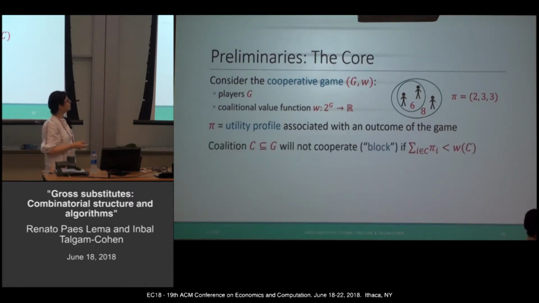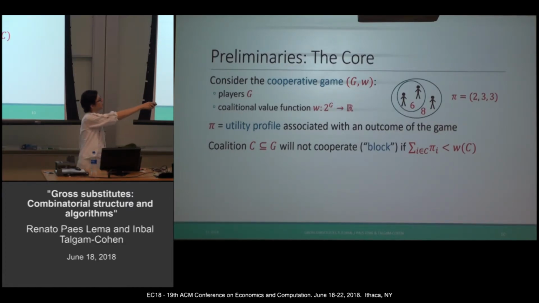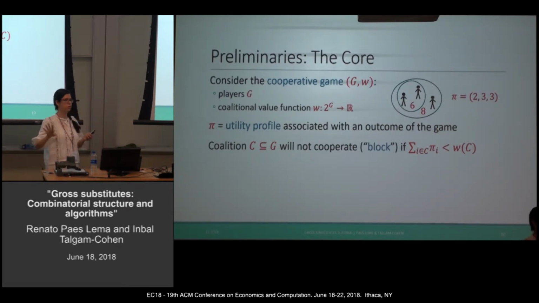Now notice that this utility vector is not very good. Why? Well, it's going to be blocked by a coalition. So these two players here, together they can create a value of 6. But their outcome together is only 5. So they prefer to go on their own and create the value of 6 and divide it in some way between each other, and then they're happier.